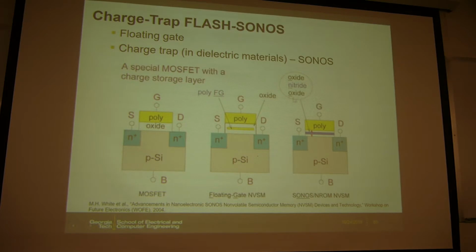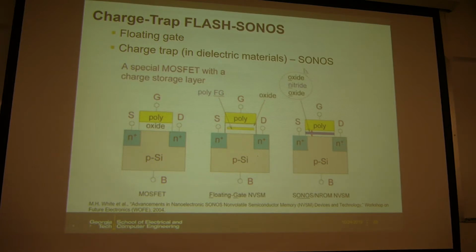And the difference here is that we replace this polysilicon floating gate with a nitride layer. So then this nitride layer will act as the charge trap layer. So this is the main difference between the floating gate and the charge trap.